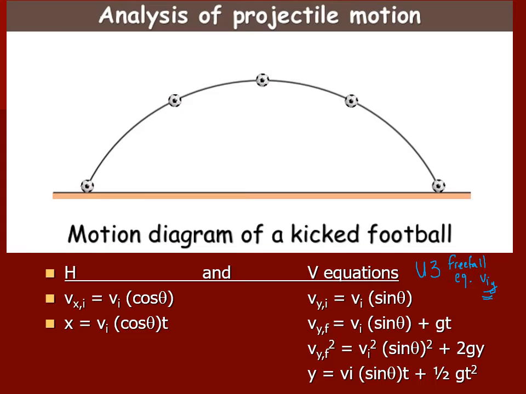So free fall with initial velocity, as opposed to Unit 3 where we only did free fall without any up velocity at all. It was always just dropping something. Okay, so there you go. There's just a list of them. We will actually use some of these equations in a moment.